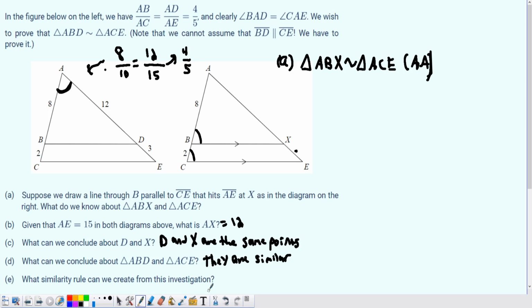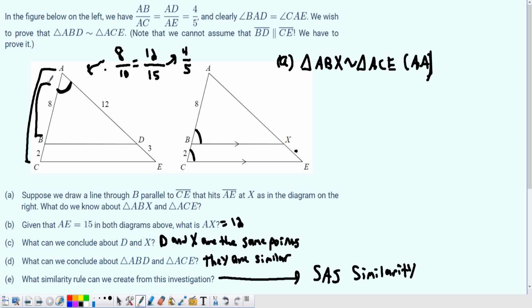In fact, our new rule is going to be side-angle-side similarity. Again, we start with the fact that these sides are proportionate, these sides are proportionate, sorry for the ugly writing, and the angle between them is the same. We get this same kind of concept we've worked with before, but now it works in addition with similarity.